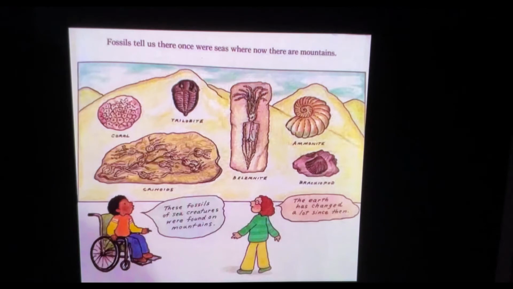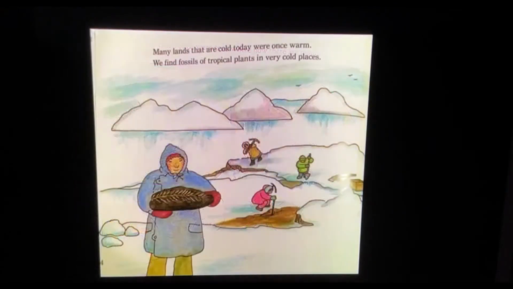Fossils tell us there once were seas where now there are mountains. Many lands that are cold today were once warm. We find fossils of tropical plants in very cold places.